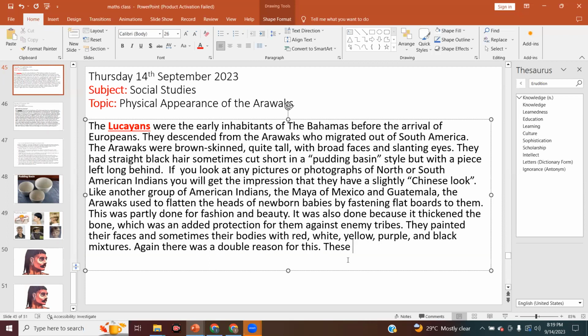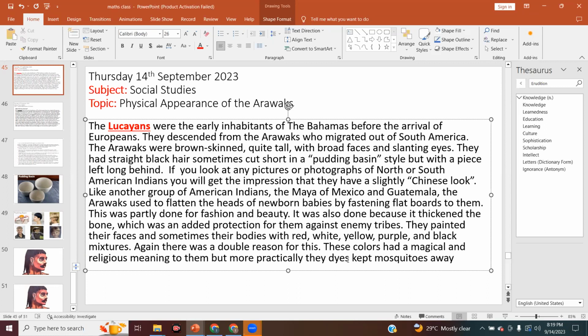These colors had a magical and religious meaning to them, but more practically, the dyes kept mosquitoes away.